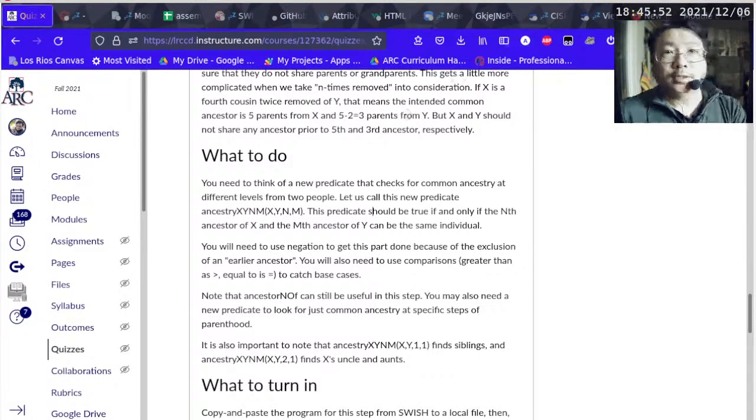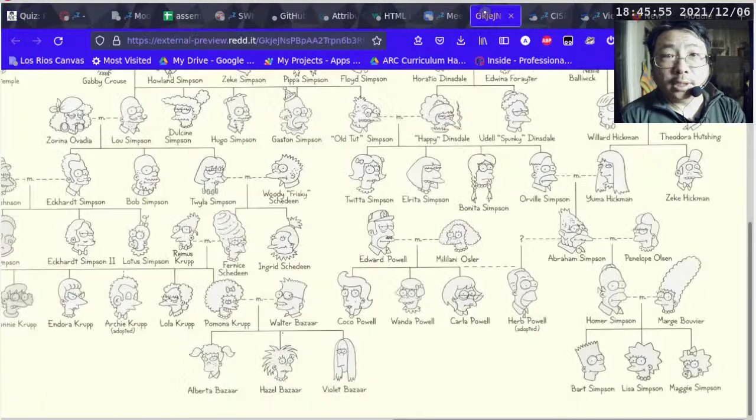So if you go to the graph, I'm not sure that we have an example like that here. If you look at Zeke Hickman on the right above Penelope Olsen, he's a new addition to the family of Bart, Homer, and Marge.